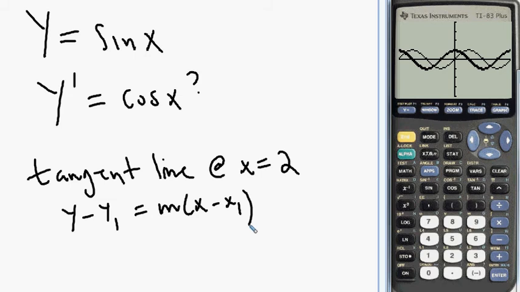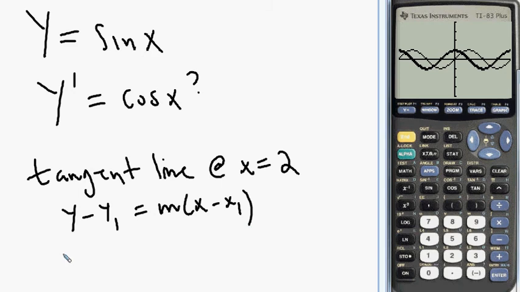Okay? And for m, the way we're going to test this is we're going to use the cosine function to find the slope. And if the cosine function gives us a slope such that this line turns out to be tangent to our sine curve, then that is more confirmation that the cosine is the derivative of sine. So the function is going to look like this then.